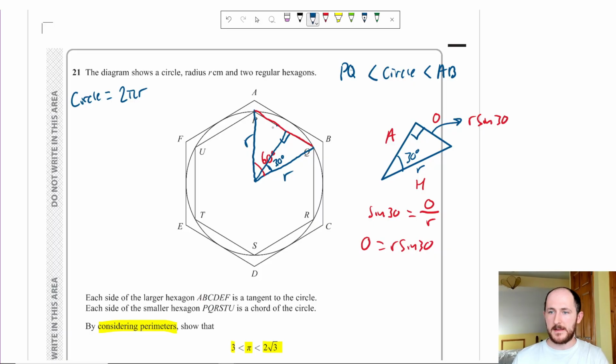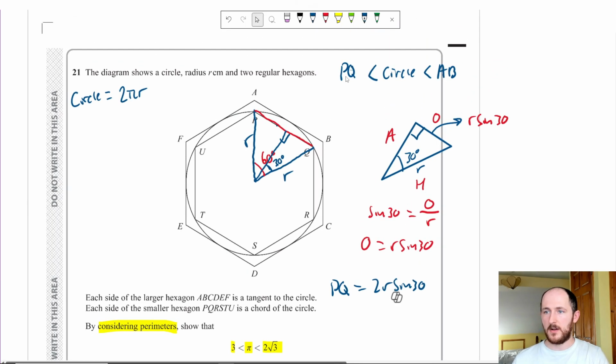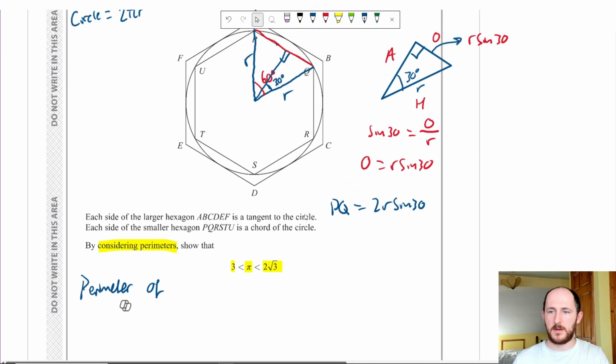Cool. That means the total length, PQ, is equal to 2r sine 30. Which means the perimeter of PQ... okay, no, we should probably write the whole thing, right?